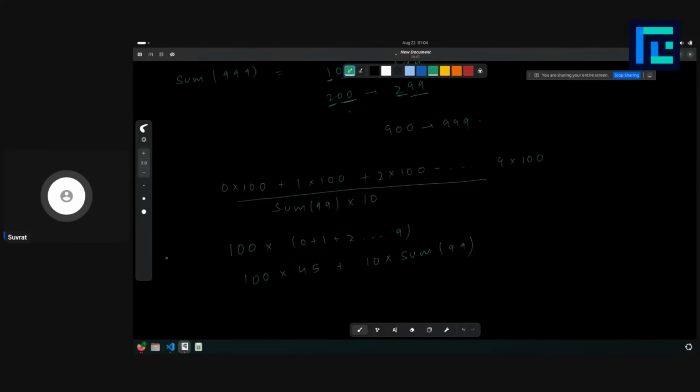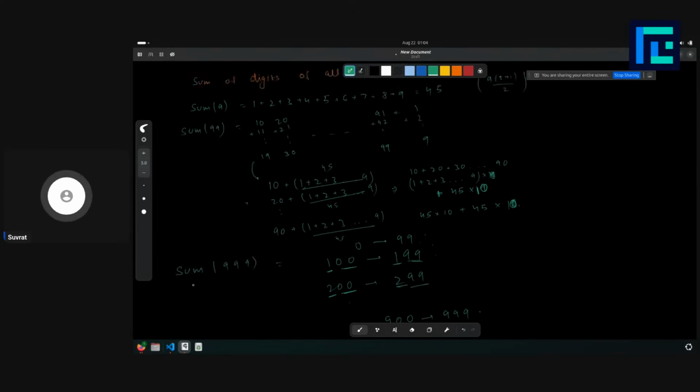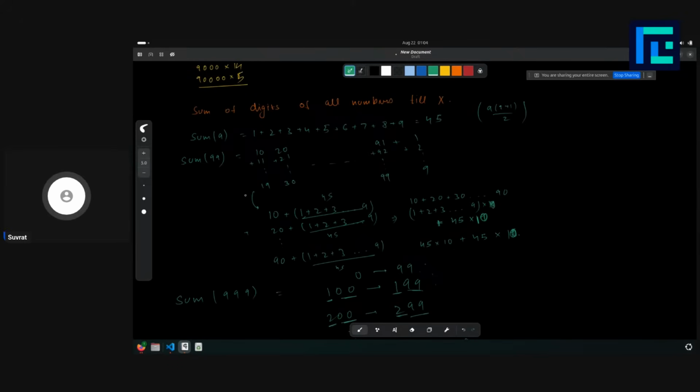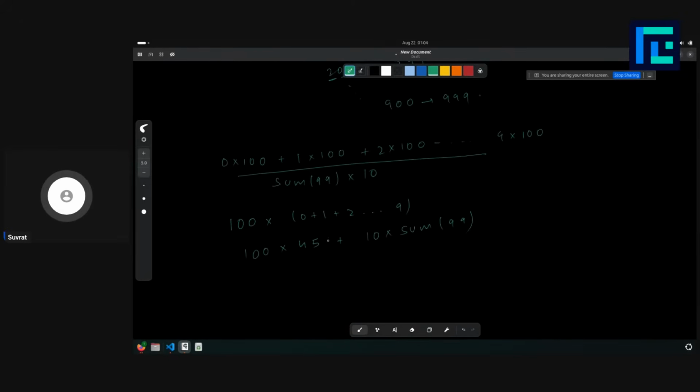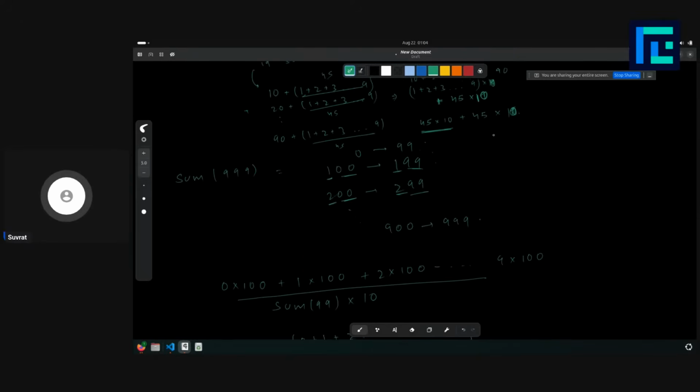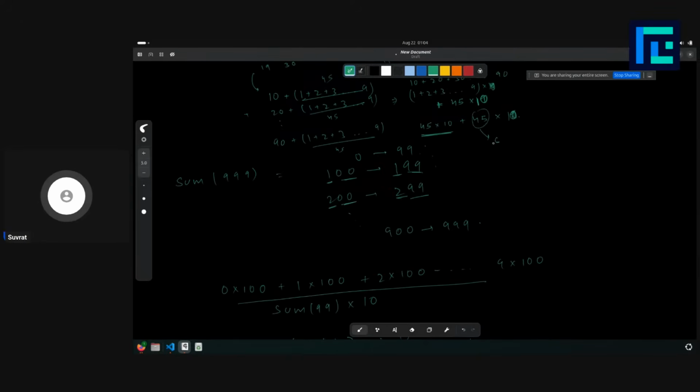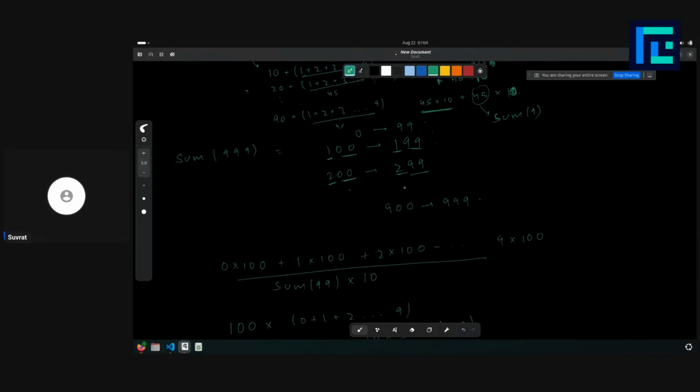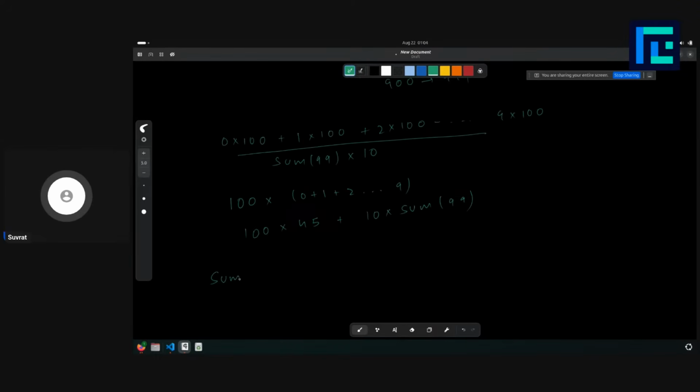So we kind of see a pattern. Similarly, for the last question also, we had 45 into 10 as one term, and then again 10 into 45. This is the sum till 9. Let me just write that equation.